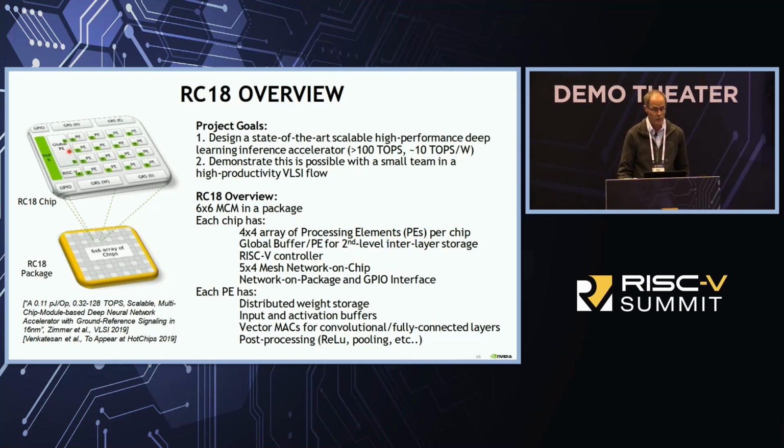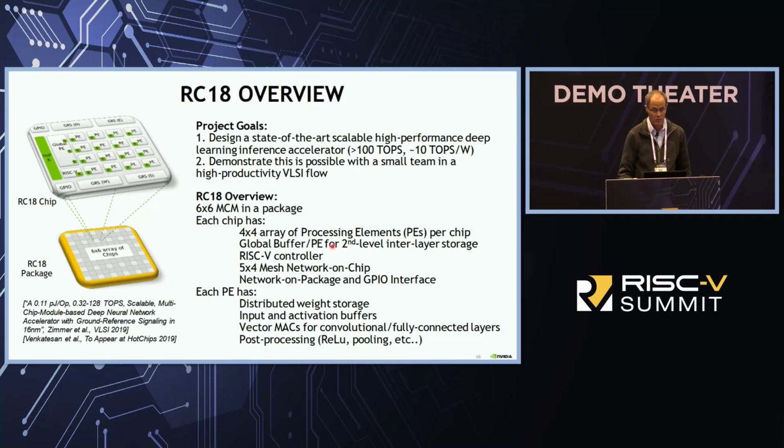And then they have a global buffer for weight and input storage. And they also have a RISC-V processor on board to basically coordinate all the activities between all the elements in the system. And there's an AXI bus, and then there's off-chip, network-on-chip interfaces, and so forth.